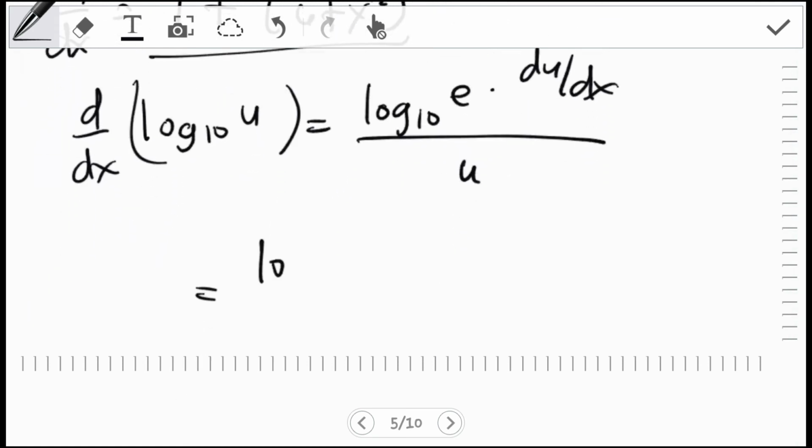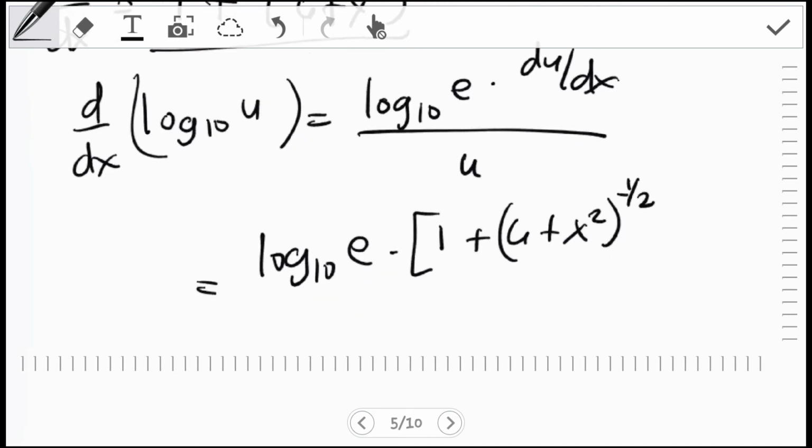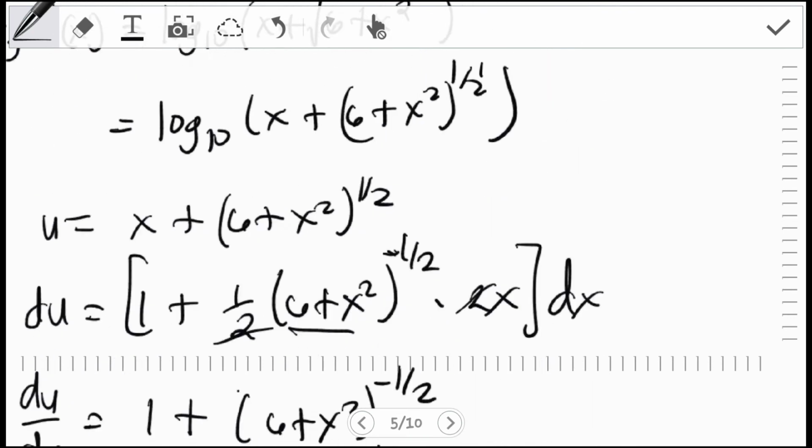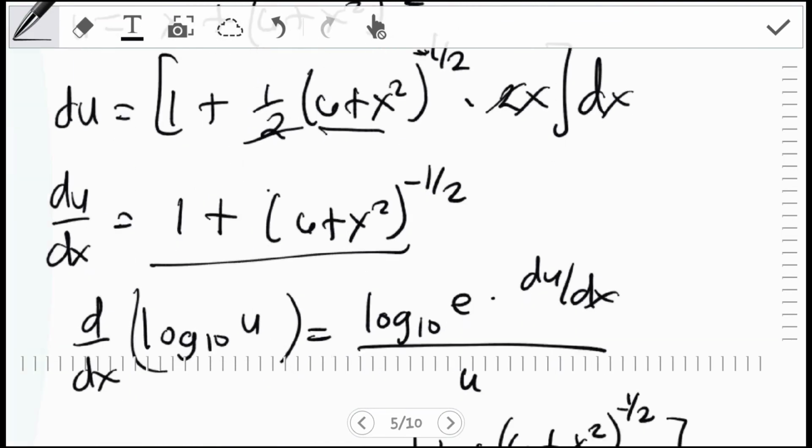So log to the base 10 of e times 1 plus x times the quantity 6 plus x squared to the power negative 1/2, then over u, where u is x plus the quantity 6 plus x squared to the power 1/2.